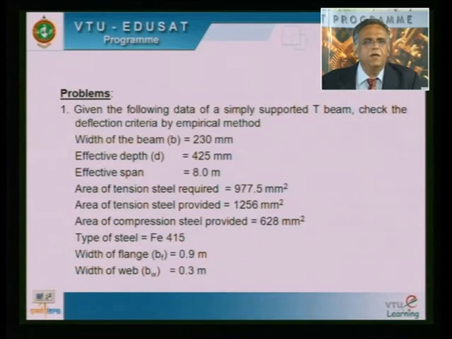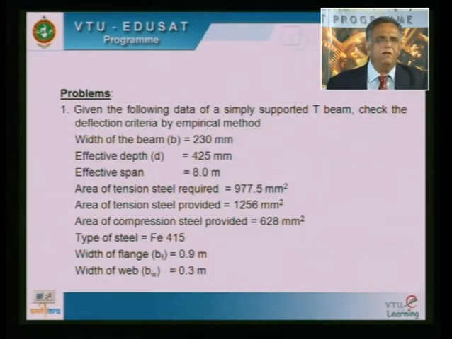Probably the overall depth is equal to 450 mm, assuming a cover of 25 mm. Let us not bother about it right now. So the width of the beam 230 mm, the effective depth 425 mm, the effective span 8 meters. I think you are all taking down this.